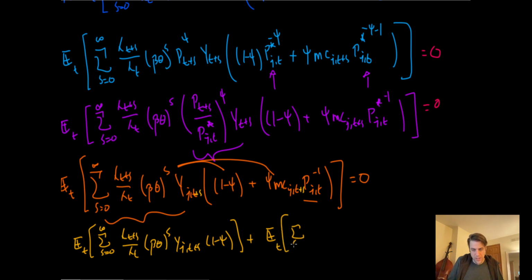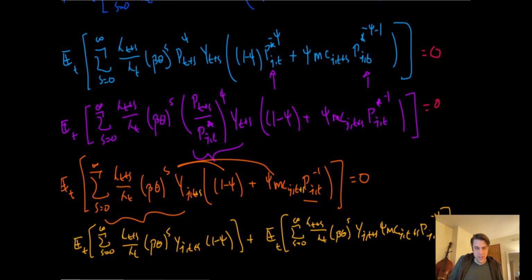And really, the only way that this will make sense to you is if you try it with a small sum. If you write this out for 3 terms, you see that you're allowed to, by the rules of just addition and multiplication, break up the addition as long as you duplicate all of the multiplication. Lambda t plus s psi mc jt plus s pjt minus 1, close.